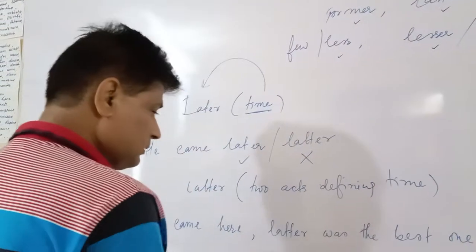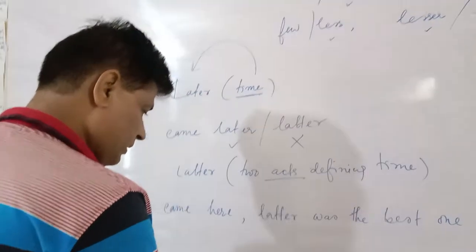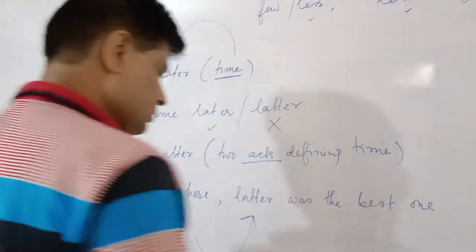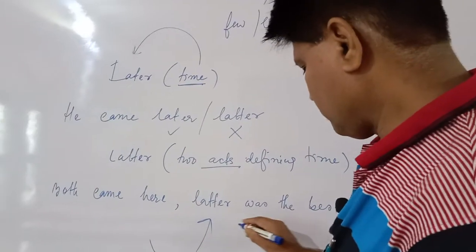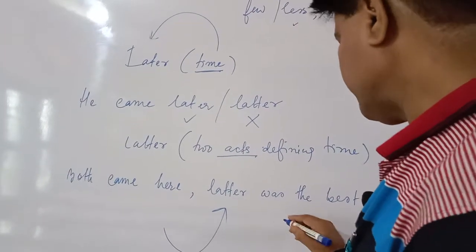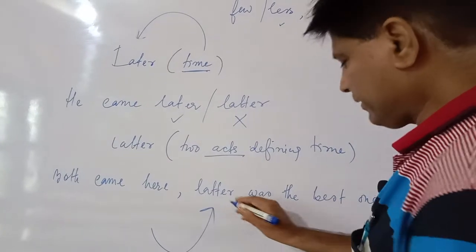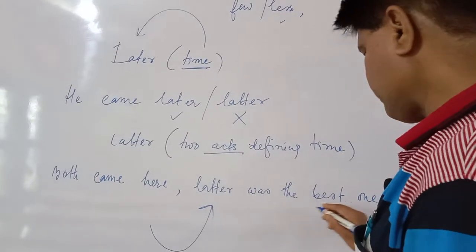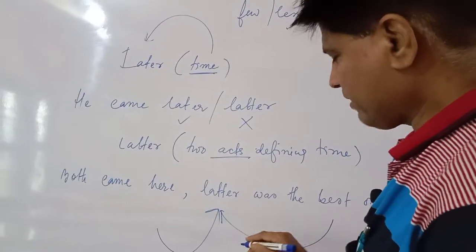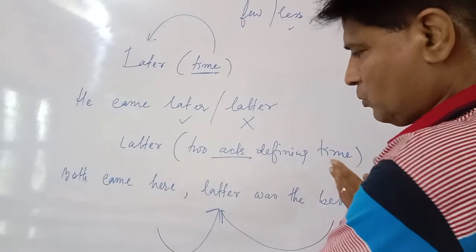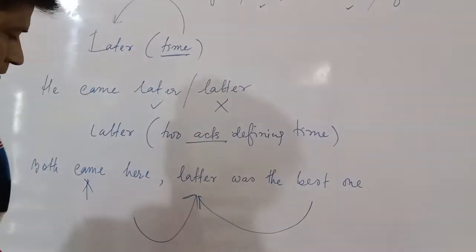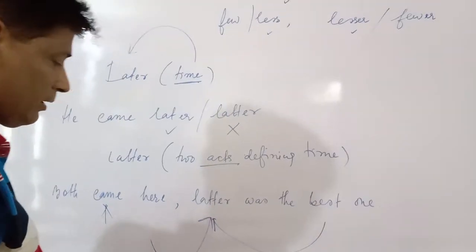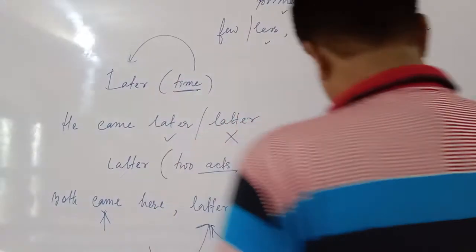So here the acts are defined, but to explain, later defines the time. Later was the best one, that defines the coming together of one and two. Right, both came here. So came is defining time, and you are using later.